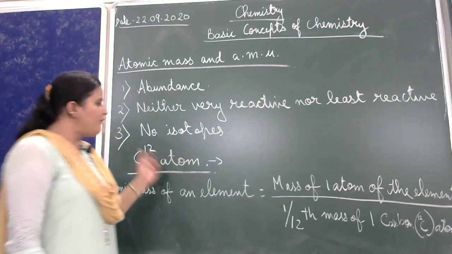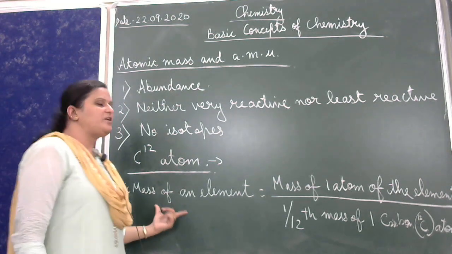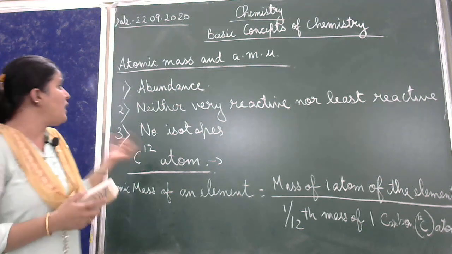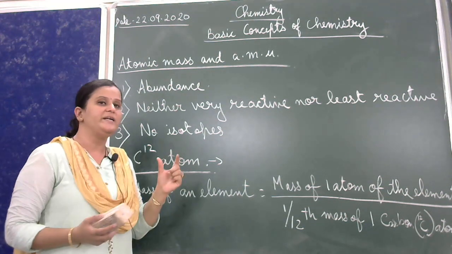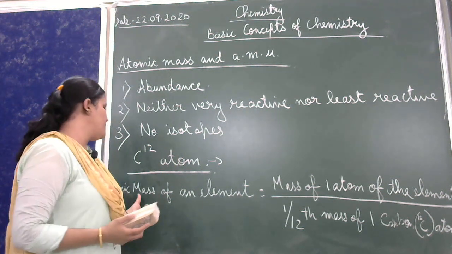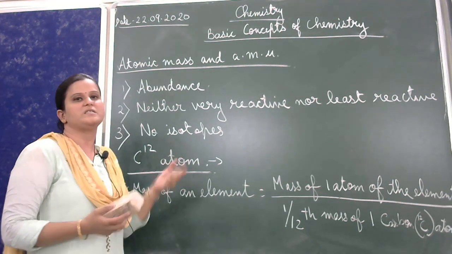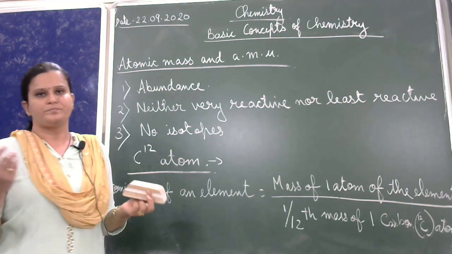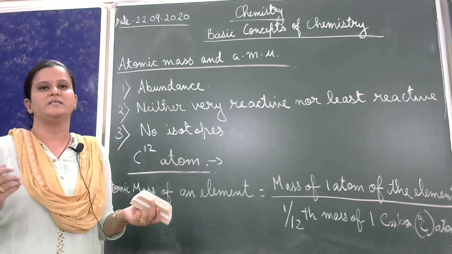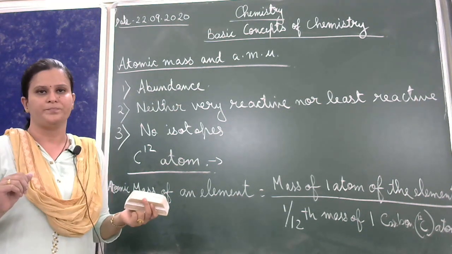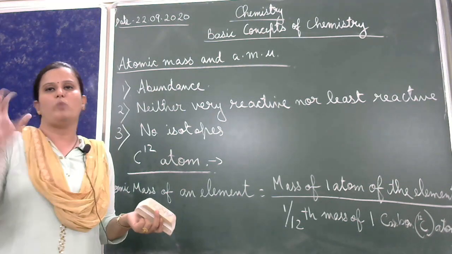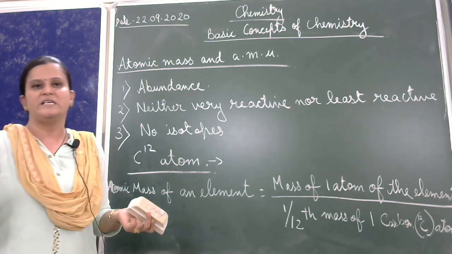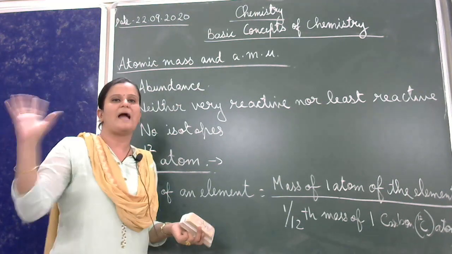After giving this definition of atomic mass, scientists found there is a need for a unit to measure the atomic mass because it is a relative number. Like when we say the mass of a person is 60 kg, that 60 kg is actually with respect to a standard.